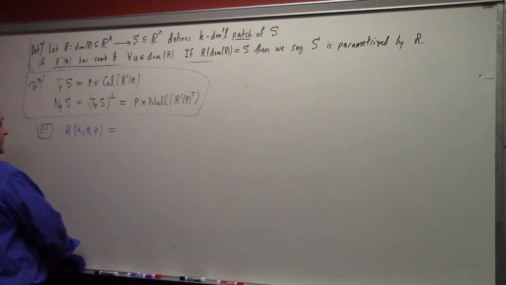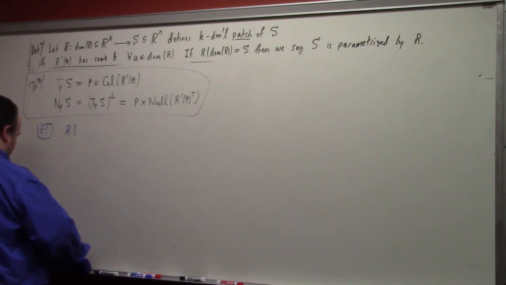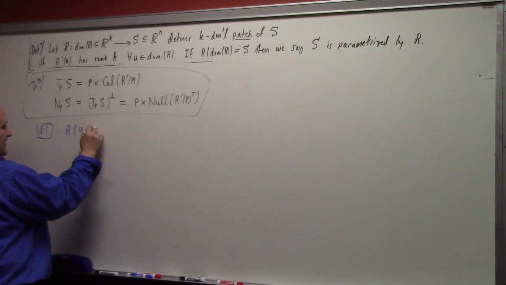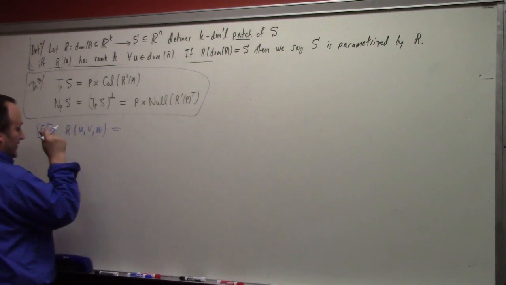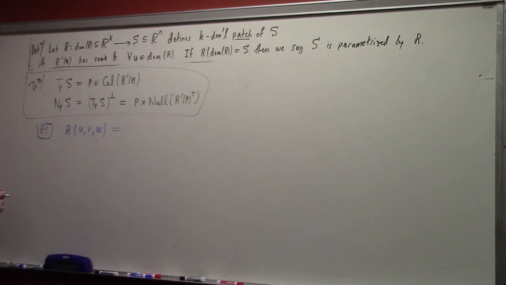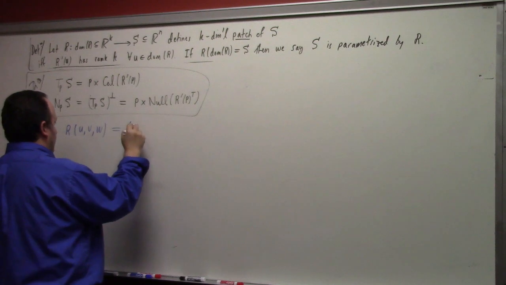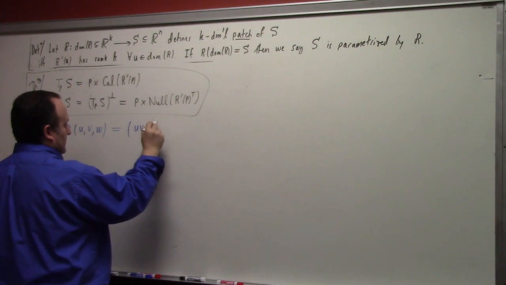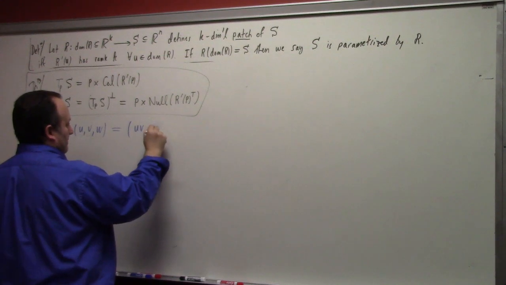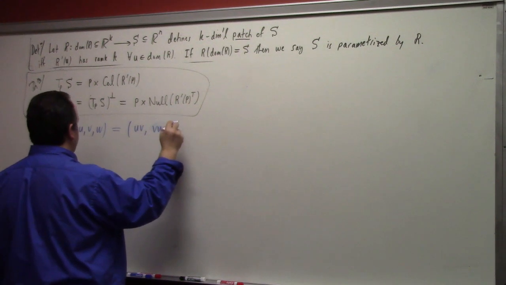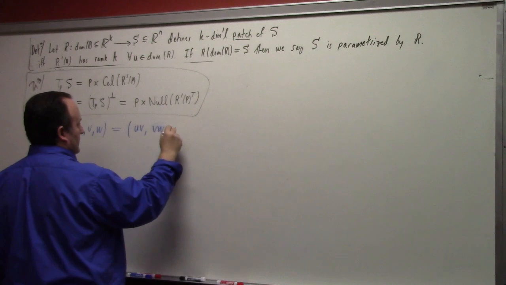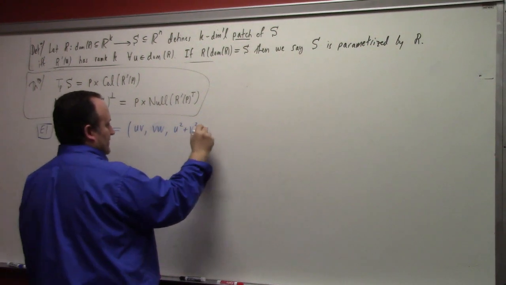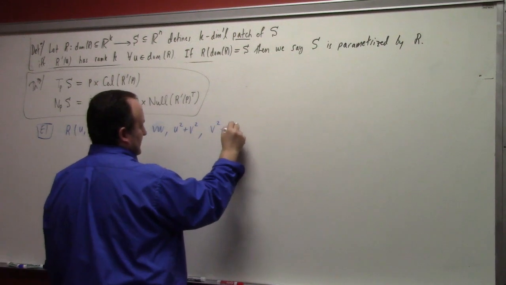Let me use u, v, w. That's kind of more akin to the calculus 3 notation, and wouldn't be bad for us to use some different notation. R of u, v, w is equal to, let us say, uv, vw, u squared plus v squared, and v squared plus w squared.